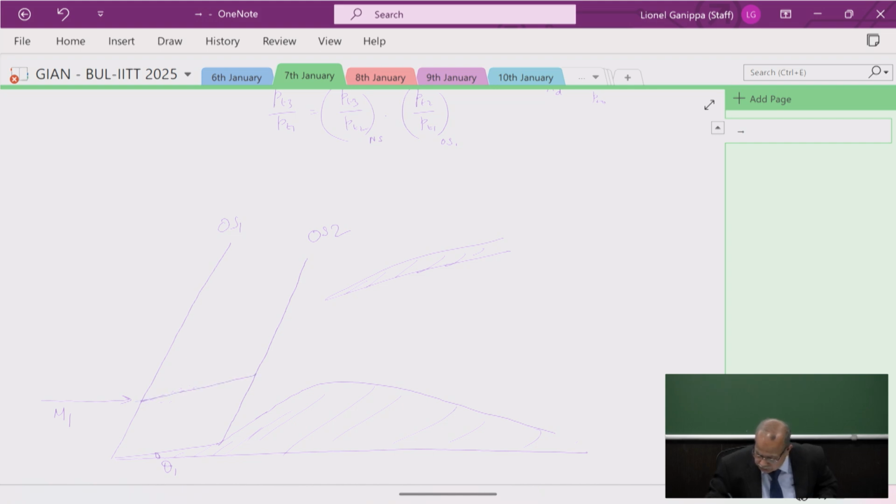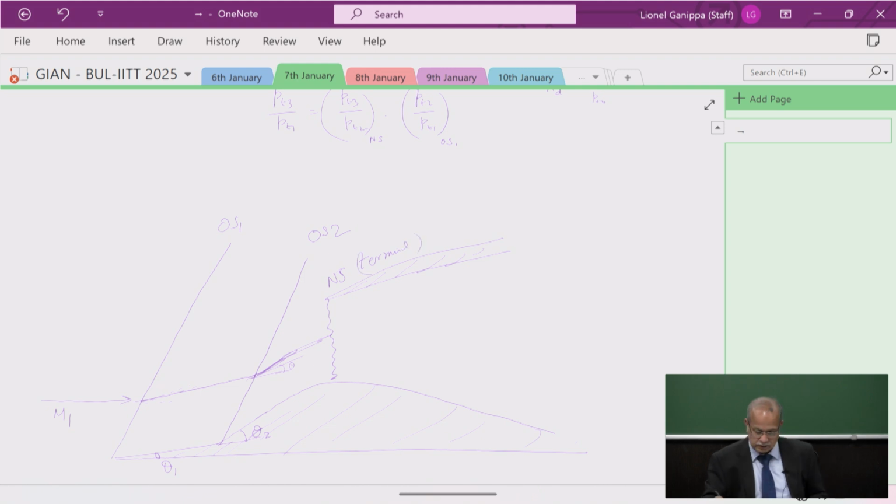So here the flow encounters it. Then the flow turns further by the angle theta 2, and it enters into the engine. Then this is the normal shock. Sometimes this normal shock is also called the terminal shock.